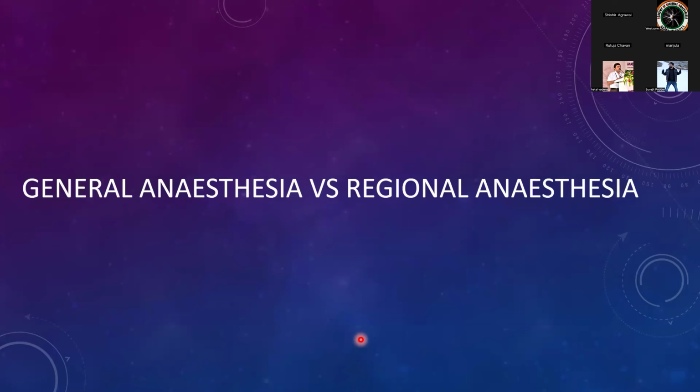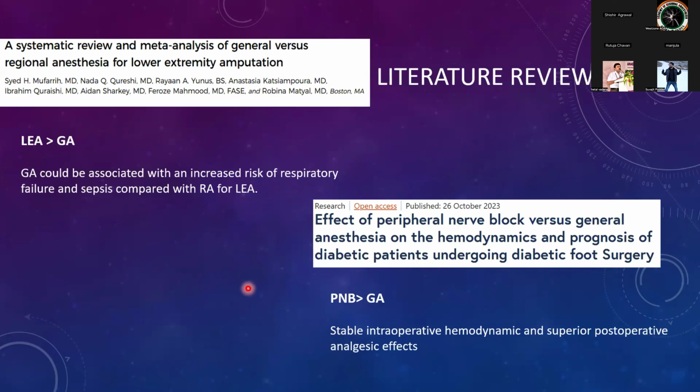Now, why does the literature say that regional anesthesia has added benefit in diabetic patients? There are a lot of meta-analyses. In one study of high-risk patients posted for lower extremity amputation, general anesthesia was associated with increased risk of respiratory failure and sepsis compared to regional anesthesia.